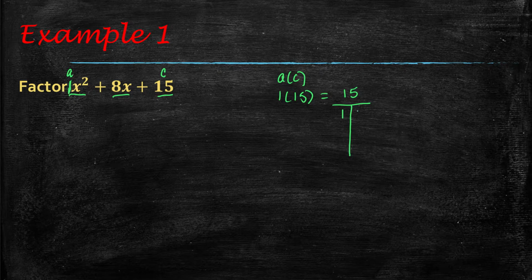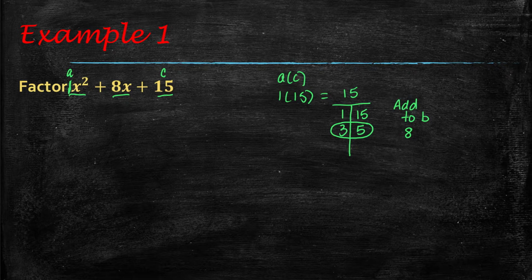So we have 1 times 15, we have 3 times 5, and then that's it. I'm looking for the factors that add up to my B term, which is 8.